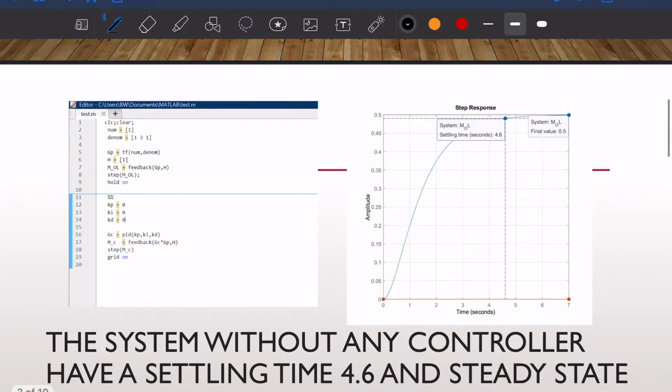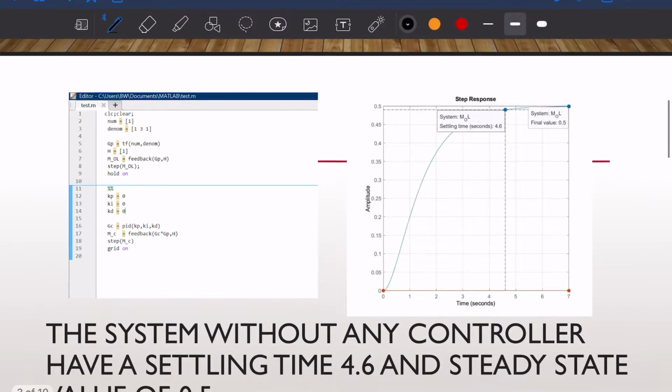I have created a simple system to show how PID influences the control system. At first, the PID gains are all zero, so there's no control on the system.